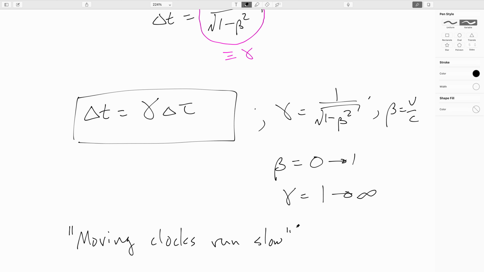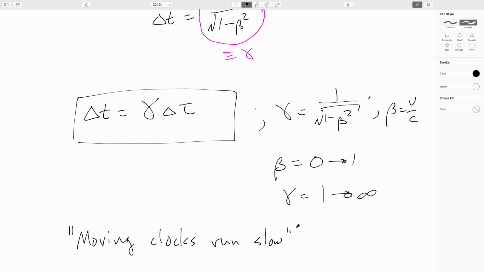So if someone is running past you, in principle, you could look at their watch and notice that their watch was running a little more slowly than yours. And you would be right.